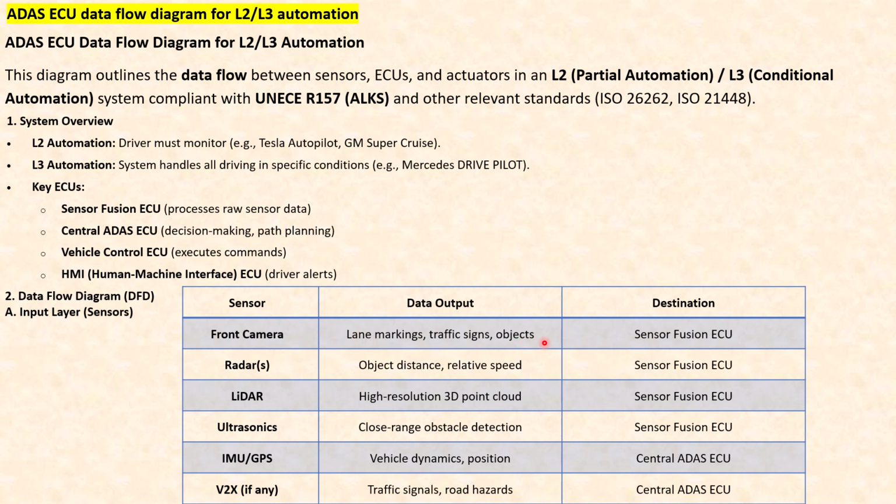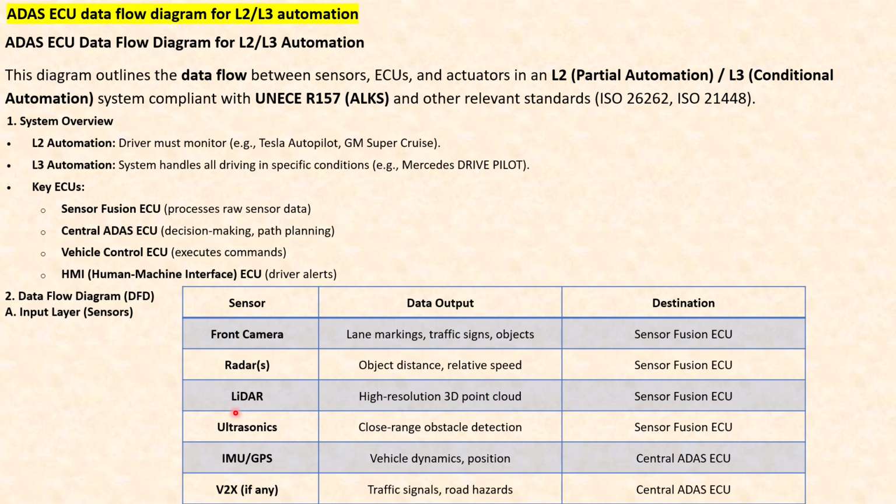As I said, the front camera is majorly used in object identification and classification, and the destination of this particular data is the sensor fusion ECU. Now when it comes to radars, the output is object distance and relative speed, and the destination is the sensor fusion ECU.